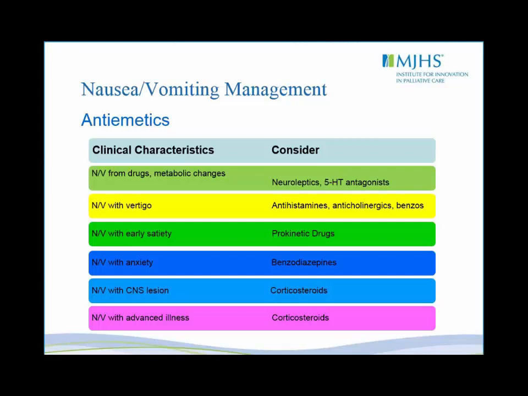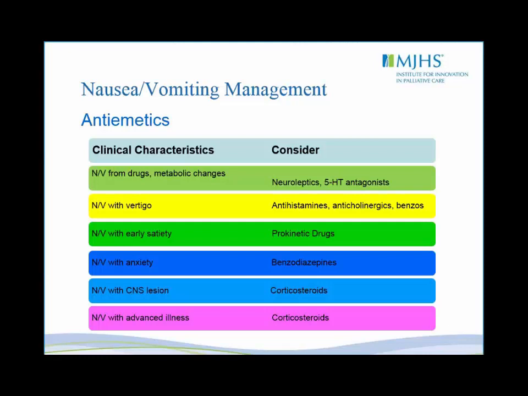If you have nausea and vomiting secondary to vertigo, as we mentioned before, antihistaminic and anticholinergic drugs may be the best choice. If we have early satiety, prokinetic drugs, and this is something that you see very oftentimes when you introduce opioids, which slow down the gastric content, and the patient has a sense that things are not moving down.